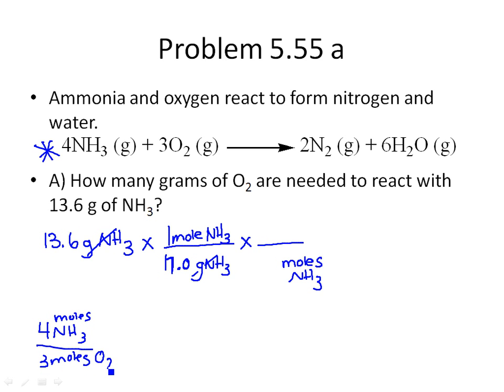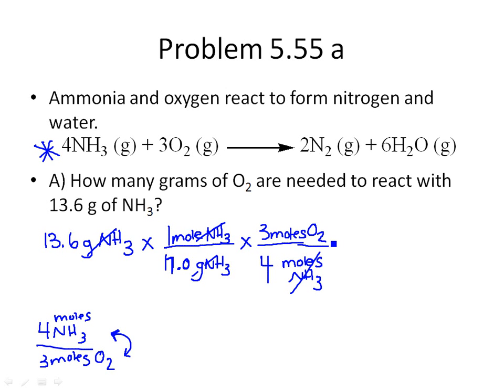So this is the mole-to-mole ratio that we're concerned with because we're starting with ammonia and we want to find the grams of oxygen. So we can flip this over, either way works. We're going to flip it over so that our moles is in the denominator so that our moles can cancel. So we have 4 moles of ammonia for every 3 moles of oxygen.